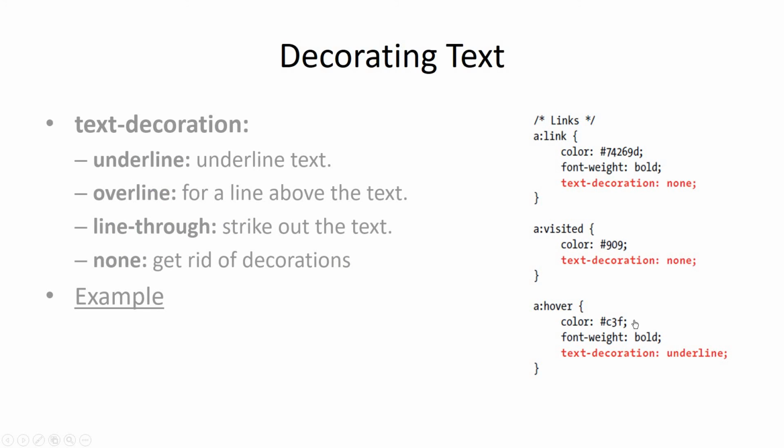Okay, so the rule says when it's a normal link or visited, don't have decorations, and there's no hover here. But actually when we hover, we can see it adds an underline to the text, just as described here.